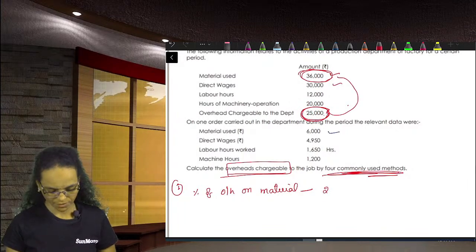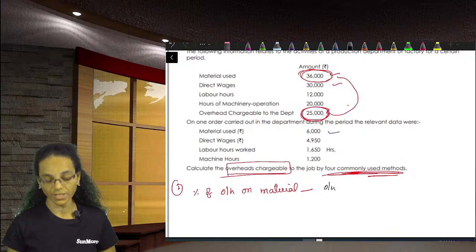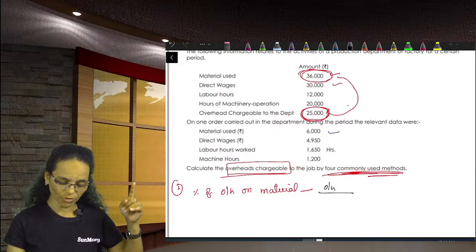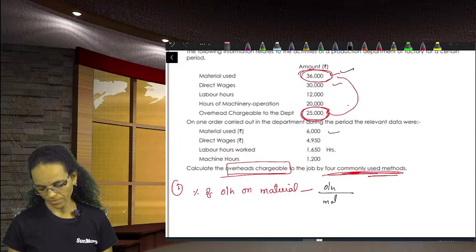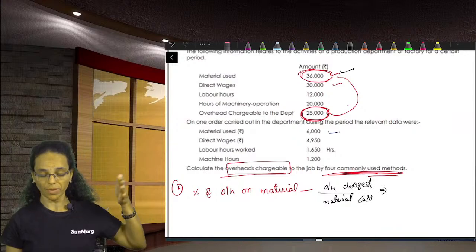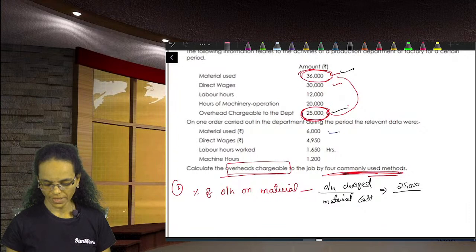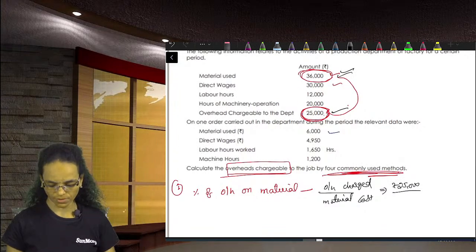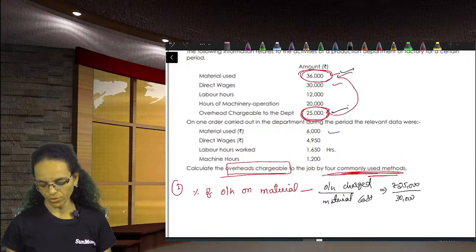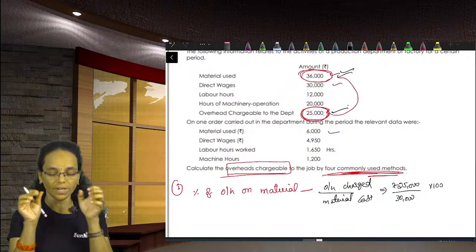I'll write for your understanding: overheads charged previously divided by material cost. So overheads charged in the previous period was 25,000 when the material amount was 30,000. So we will come to know the percentage of material that should be taken as overhead cost.